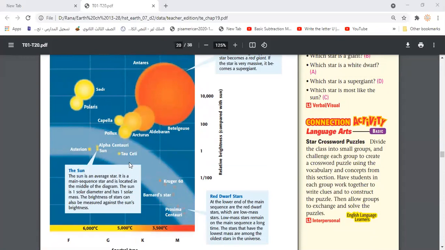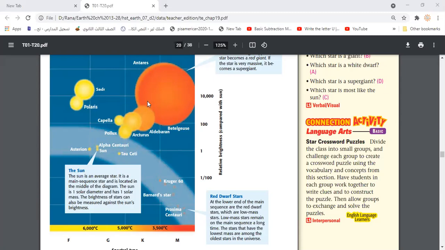Again, we said that the stars found in the light blue area are in the main sequence stage. So if they are not in the main sequence stage, which stage are they in? Guys, what do you think? Red giants or super red giants?